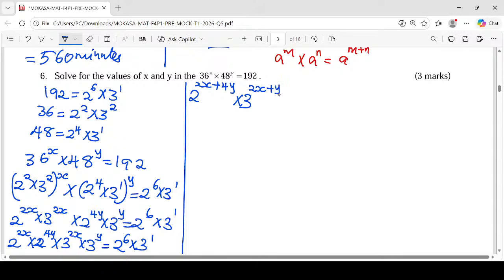This should be equivalent to 2 power 6 multiplied by 3 power 1.